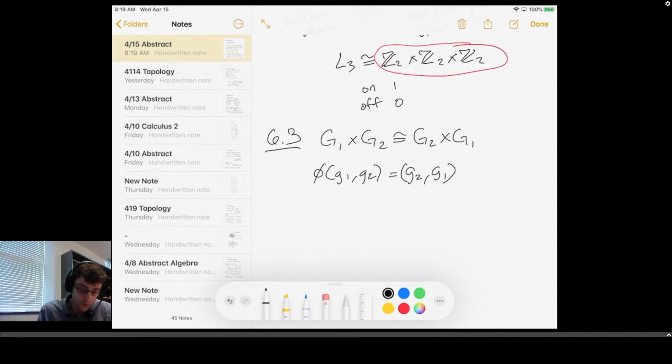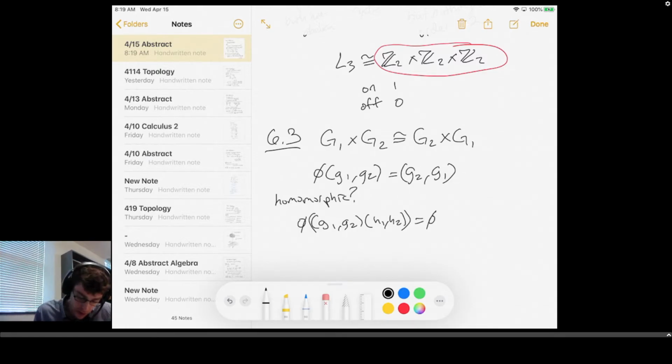So is this an isomorphism, right? So the homomorphic property: well, if you've got phi of, say, (g1, g2) times (h1, h2), so here I will use two sets because I need to, I have two different things.